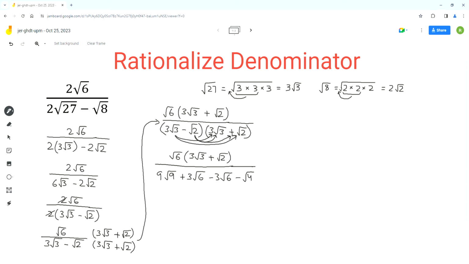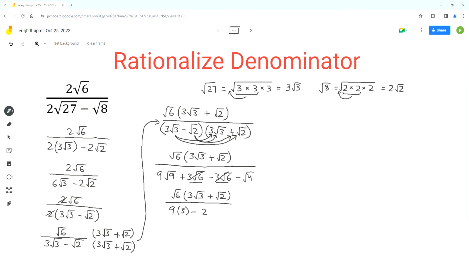Now we can simplify the denominator. So in the denominator, there are these two like terms which have the same radical parts, but the coefficients have the same number with opposite sign. So we can cancel them out. So we get square root of 6 times 3 square root of 3 plus square root of 2 over. Now in the denominator, we can simplify square root of 9 as 3 minus, and then square root of 4 is 2.